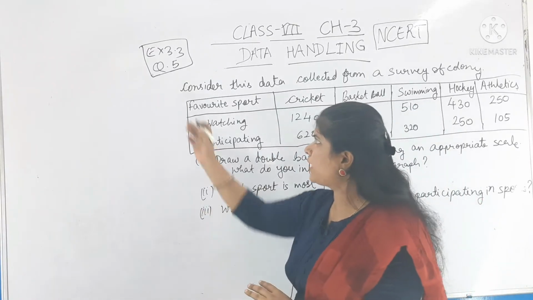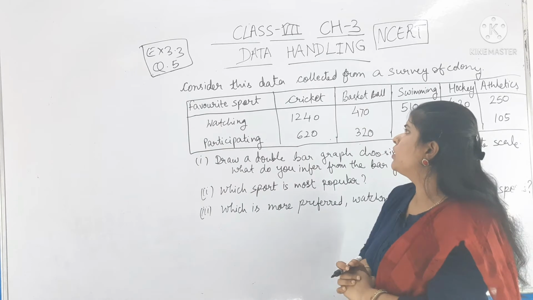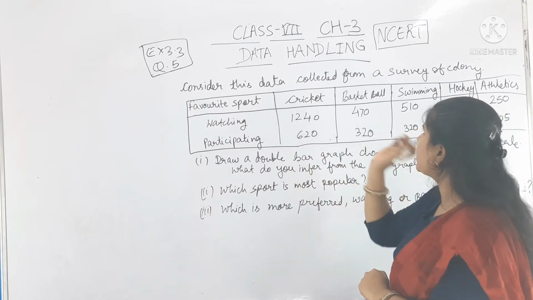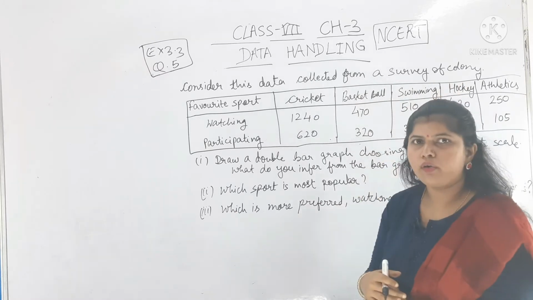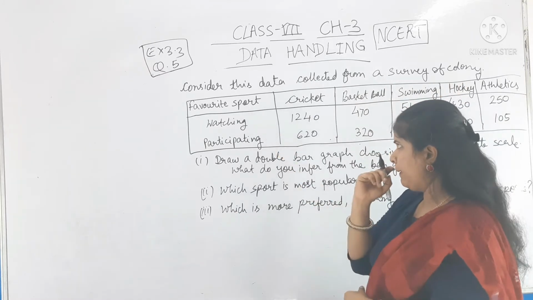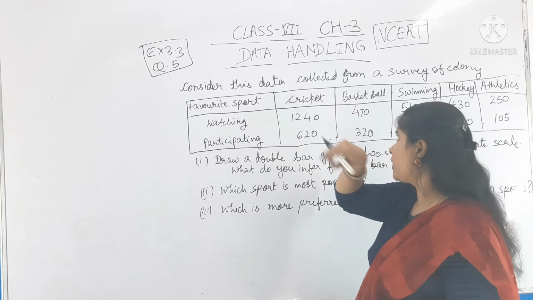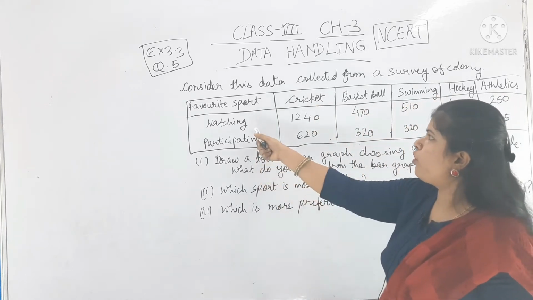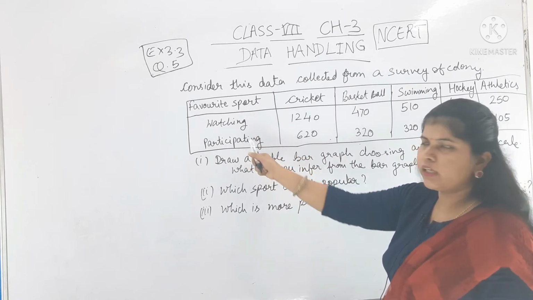Okay students, next question is question number 5. Here is the question: data collected from a survey of a colony. Some data is given about the favorite sport: cricket, basketball, swimming, hockey, athletics, with watching sport and participating sport.